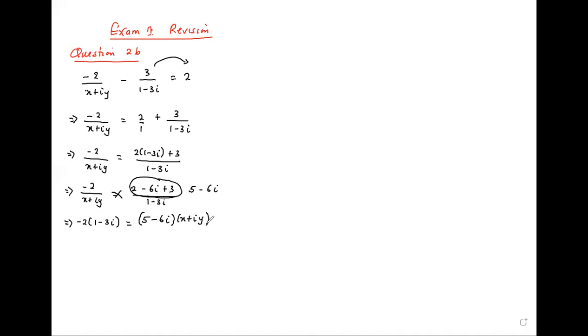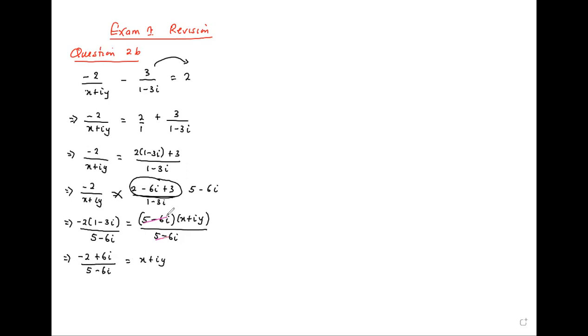Since we're looking for x and y, we divide by 5 minus 6i. Simplifying on top, we have negative 2 plus 6i over 5 minus 6i is equal to x plus iy.